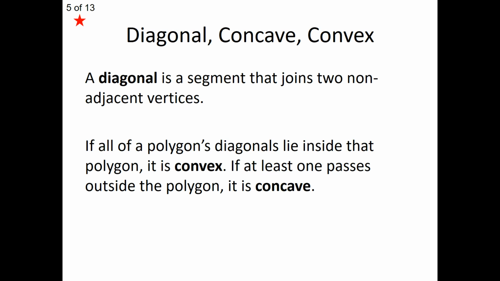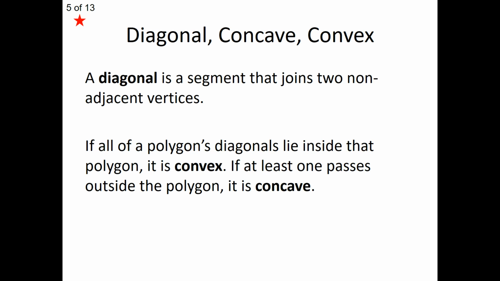Now, we're going to look at what are called concave and convex polygons. In order to do that, we need a definition. Our definition here at hand is called a diagonal. A diagonal is a segment that joins 2 non-adjacent vertices. Now, this word adjacent really means next to or touching. So non-adjacent means 2 vertices that are not already touching.